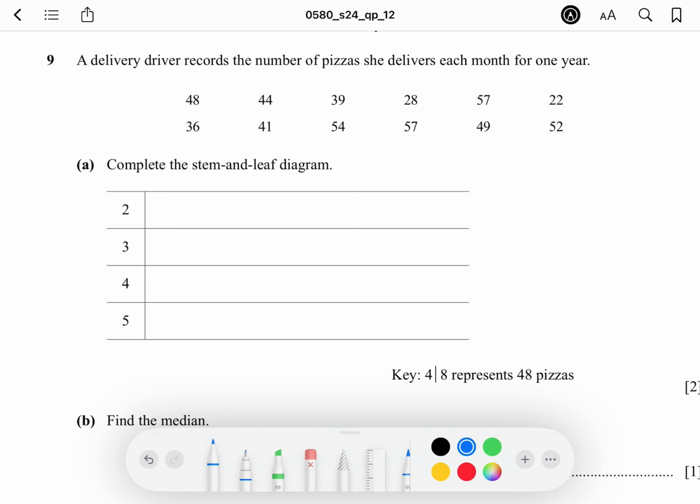So, biasanya yang masalah ni yang bersusun. So, boleh buat dulu di siring sebelum menyusun. Boleh buat dulu. So macam ni 48. Jadi 48. 44. So arah 4 tambah saja. Okay. Head to tailnya tu 44. So you fill that in 39, 28, 57, 22, 36, 41, 54, 57, 49, 52.